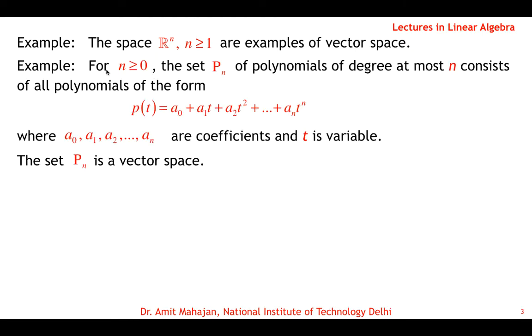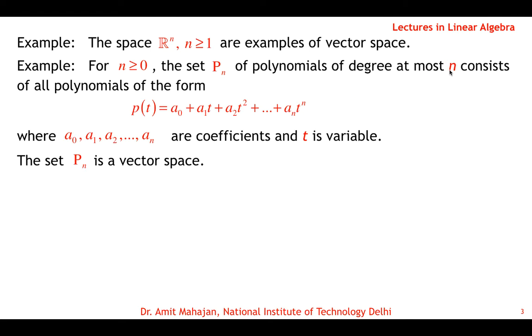So the second example is that for n greater than or equal to 0, the set Pn of polynomials of degree at most n consists of all polynomials of the form p(t) = a0 + a1 t + a2 t^2 + and so on up to an t^n. So it's a polynomial of degree at most n, because the coefficient an can take the value 0.